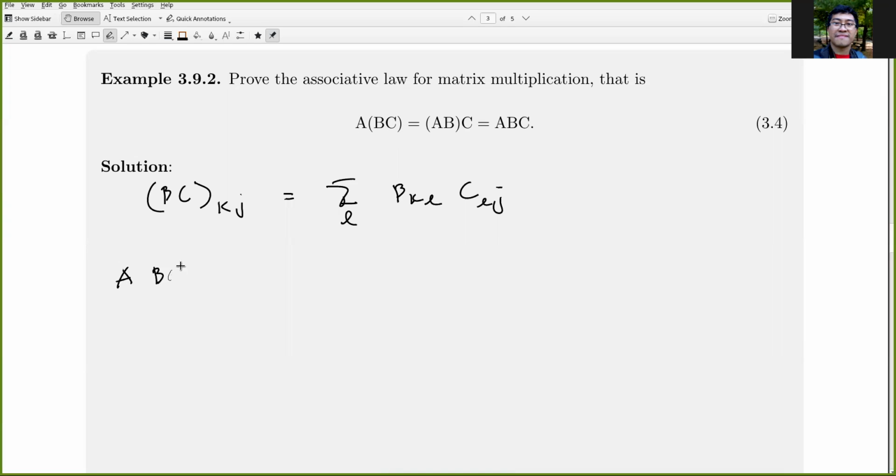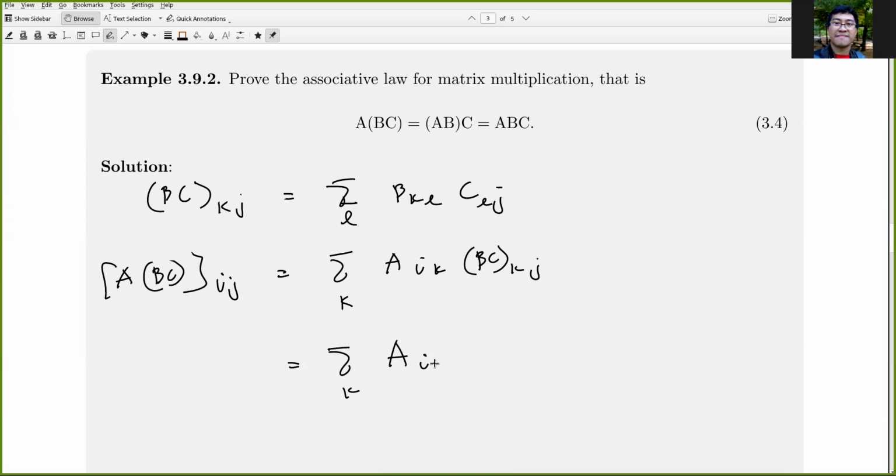So the ijth component of ABC. If you introduce a variable k, you have A_ik and the product matrix BC_kj. So this would then be the sum over K of A_ik, and here we can expand using the sum over all L of B_kL C_Lj.